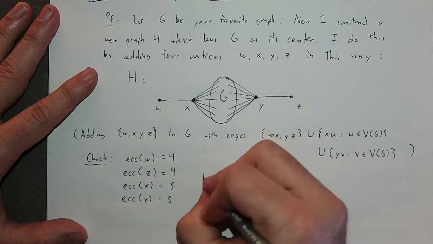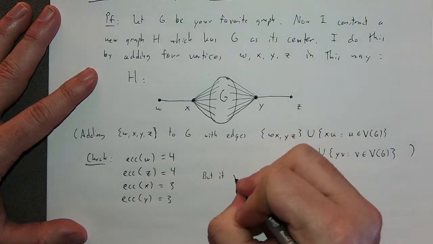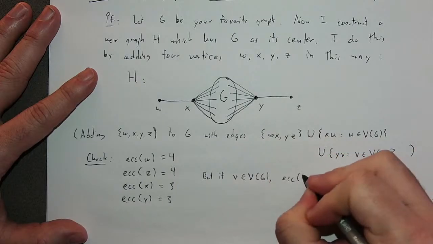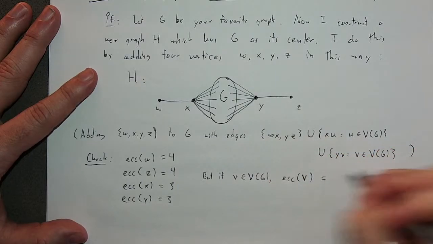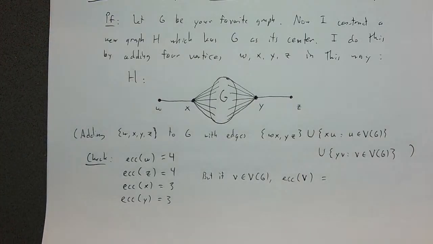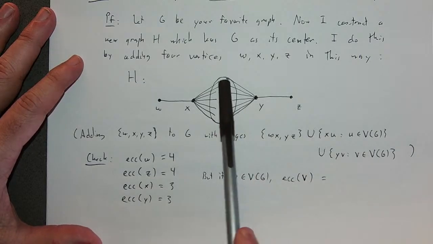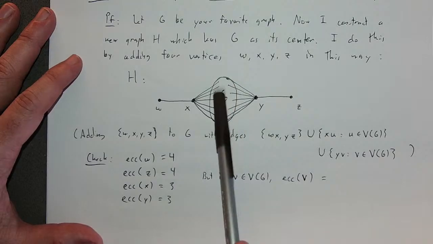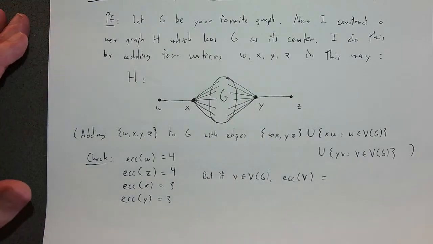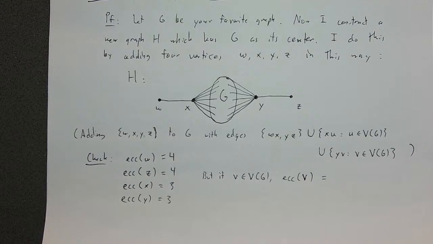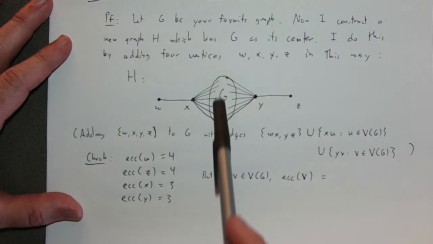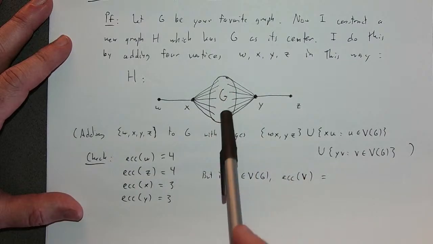But if a vertex V is in the vertex set of G, what is the eccentricity of that vertex V? What is its largest distance? It can go to any other vertex in G, even if in G itself it took you 100, distance 100, from some vertex to another vertex.